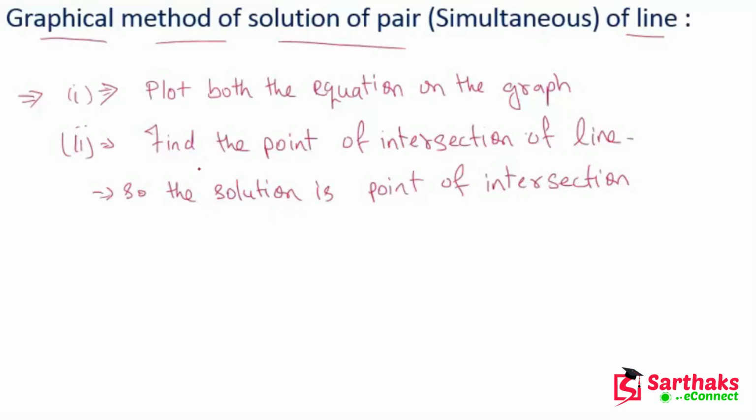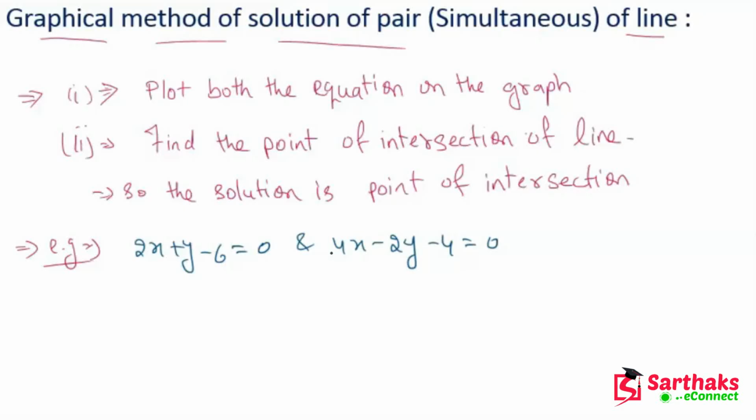Let's suppose, for example, we have two equations like this: 2x plus y minus 6 equals 0 and 4x minus 2y minus 4 equals 0. First of all, we have to plot these equations on the graph with the help of coordinate points.